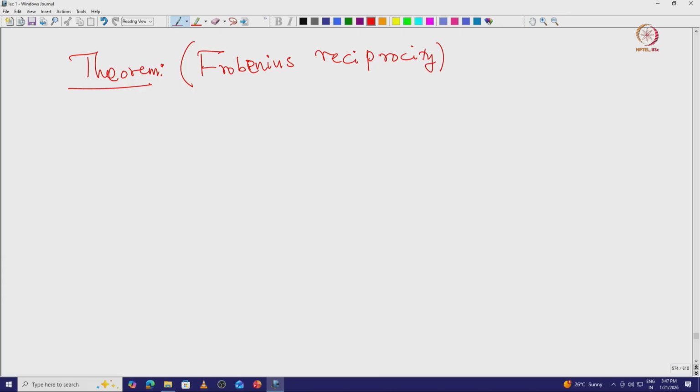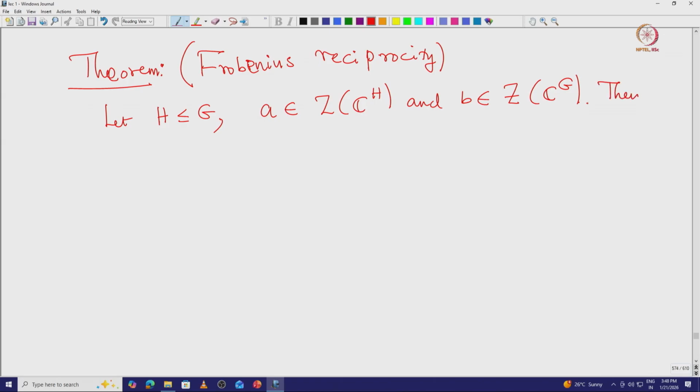So what this theorem actually states, so again fix H being a subgroup of G, and now we are going to state the theorem even for some class functions. You take A to be a class function in Z(C H) and B to be a class function in Z(C G). Okay. So then we have the formula that reads as follows.